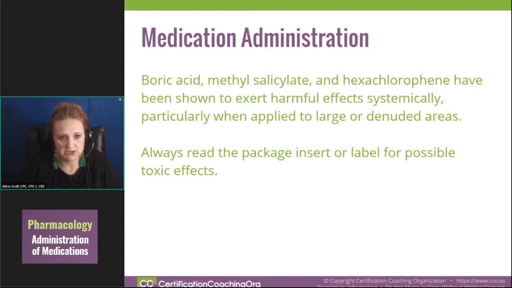Some medications that are administered can have systemic effects, toxic effects. Just a little highlight in the notes that I was given, things like boric acid. Boric acid, I think, had been used in the eyes a lot, but a long, long time ago. But they also do use boric acid to get rid of yeasts.